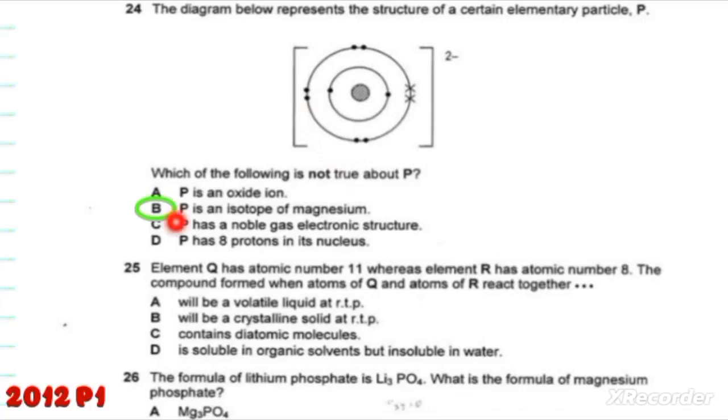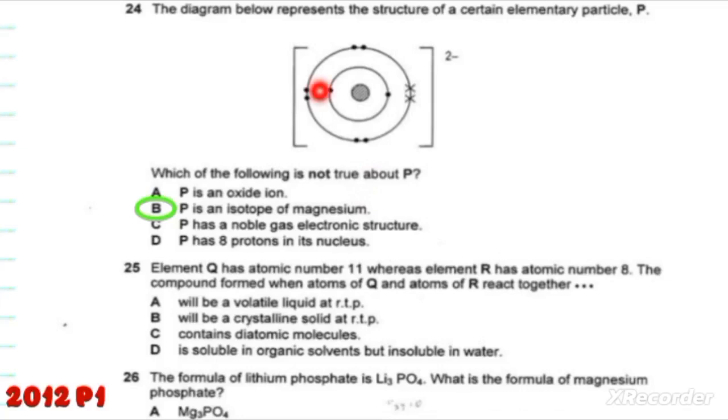Let us also look at C. P has a noble gas electronic structure. All elements from group 0 or group 8 have 8 electrons in the outermost shell, and we have also seen that this one has 8 electrons in the outermost shell. Let us also look at this one: P has 8 electrons in its nucleus. We need to remember that protons are found in the nucleus, and the number of protons is equal to the number of electrons.